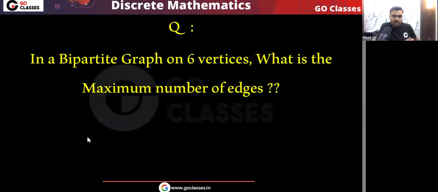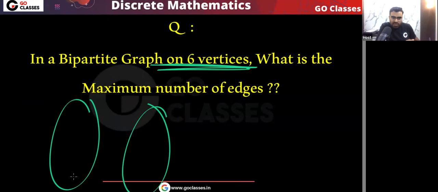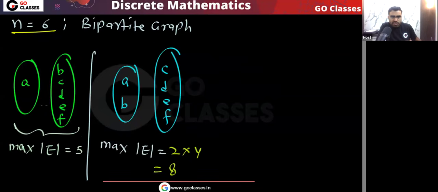We don't know which part has how many vertices. So either we create the first situation, where we can get maximum 5 edges, or this situation, where we can get maximum 8 edges.